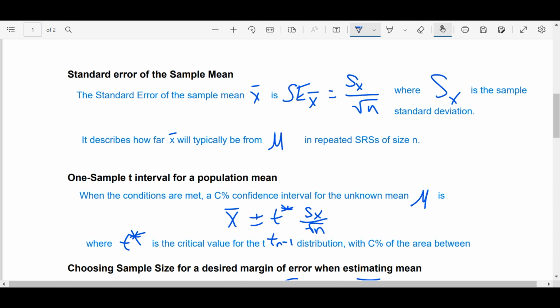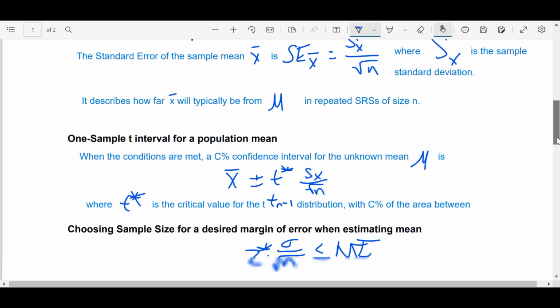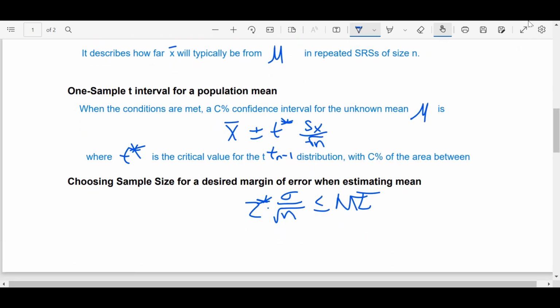One sample t interval for the population mean: we have the sample mean plus or minus the critical value t times the sample standard deviation divided by the square root of n. That should look somewhat familiar, and same with the margin of error formula from last time.